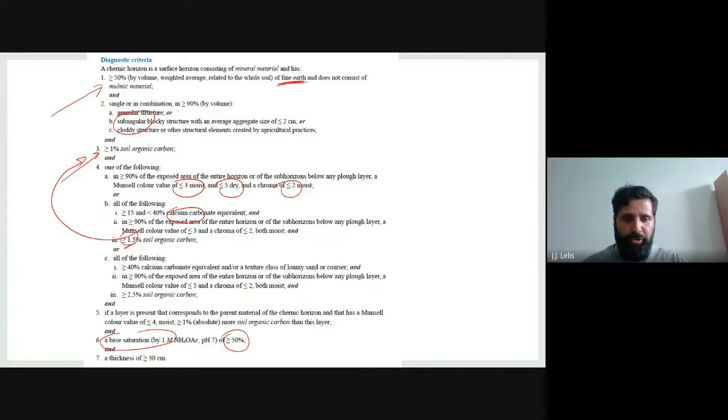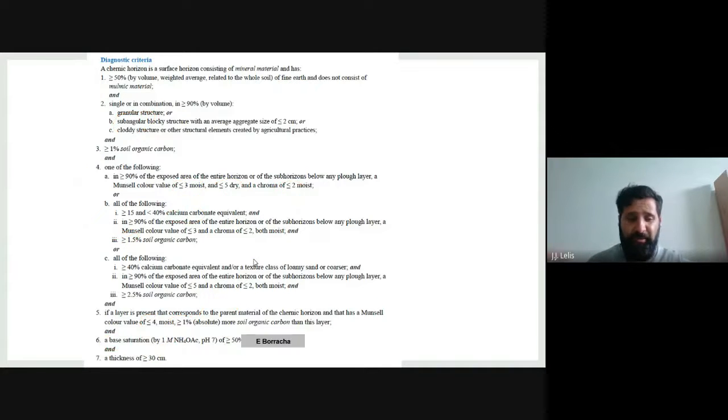We also should present a low value of the parent material and a higher content of organic carbon of the surface horizon comparing to the parent material, and a thickness of at least 30 centimeters. So it's thicker than the Mollic horizon.